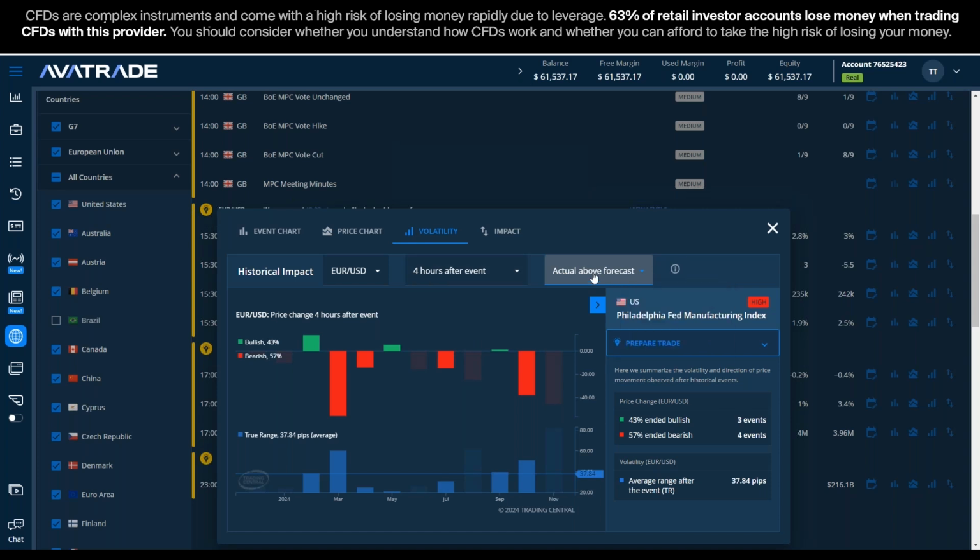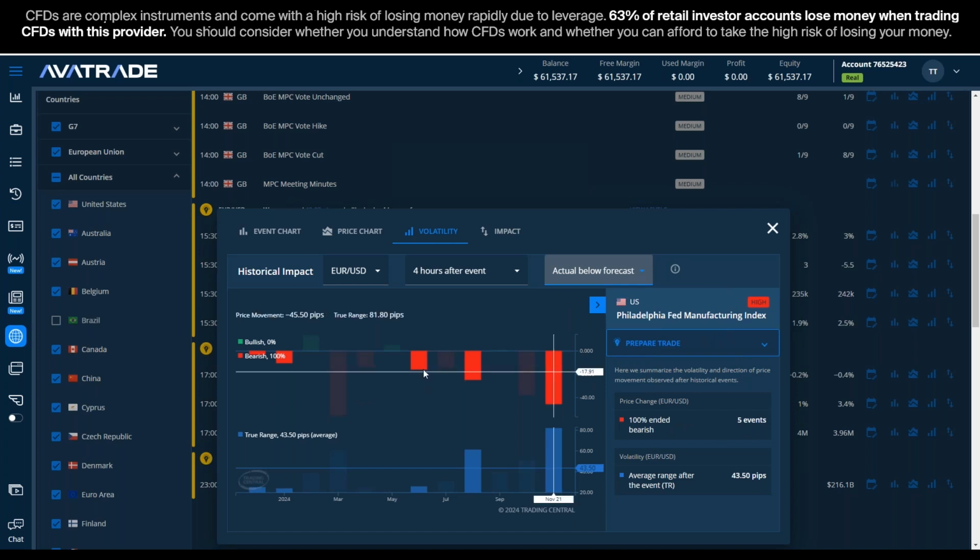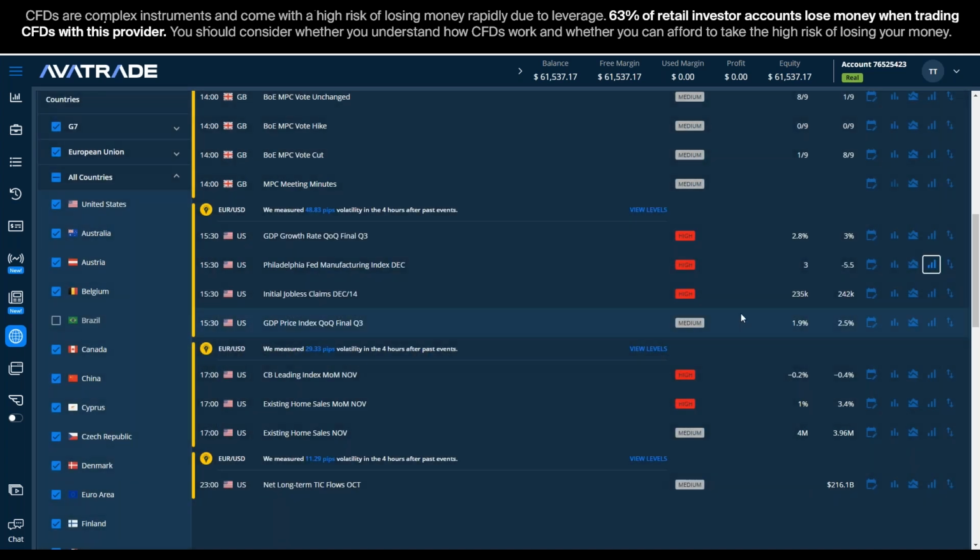And if it's below forecast, also strengthening of the US dollar. So it's interesting that there's volatility around this announcement to the point that the US dollar strengthens regardless of how this came in in the past. Now keep in mind also that yesterday's announcements are creating a strengthening effect on the US dollar as well.